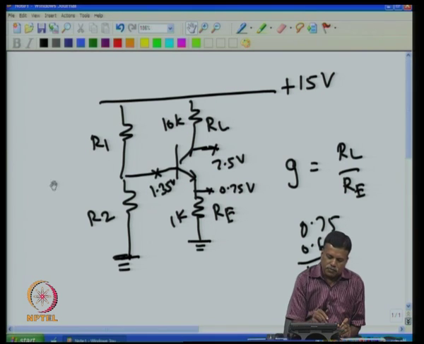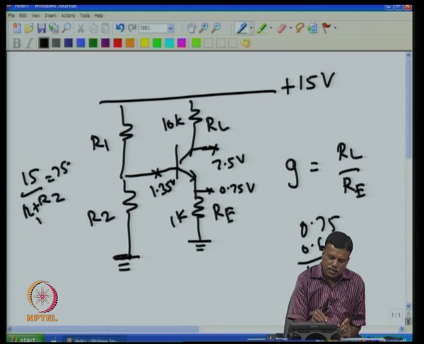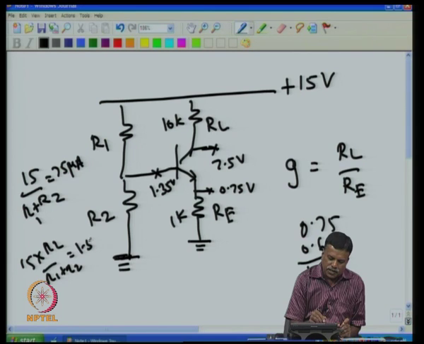So, the 15 volt divided by R1 plus R2 should give me 75 microampere current. Then we know that 15 into R2 by R1 plus R2 has to be 1.35. From this you can get R1 and R2.